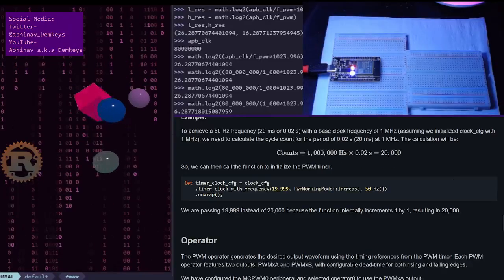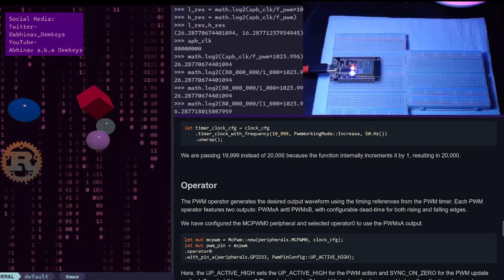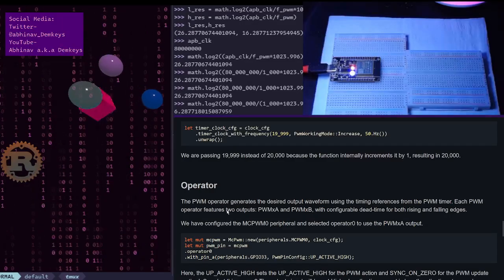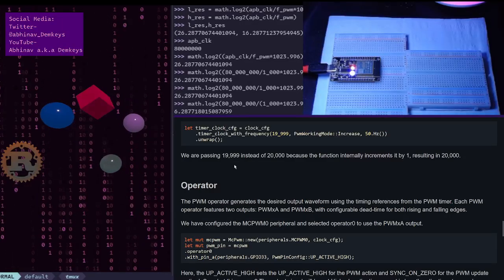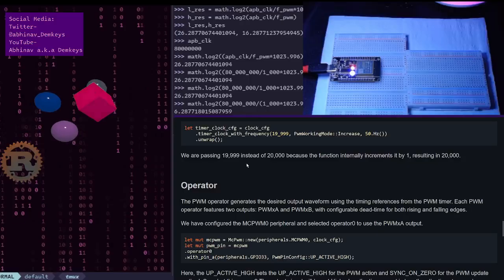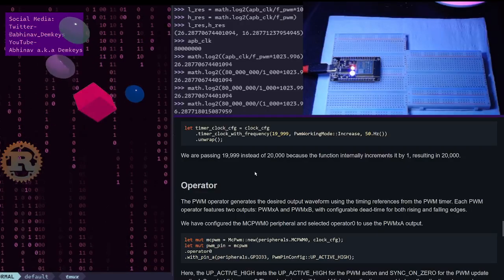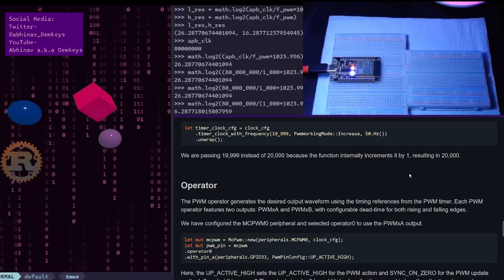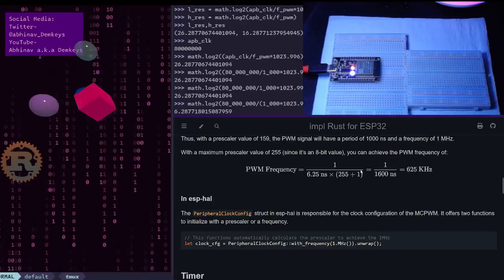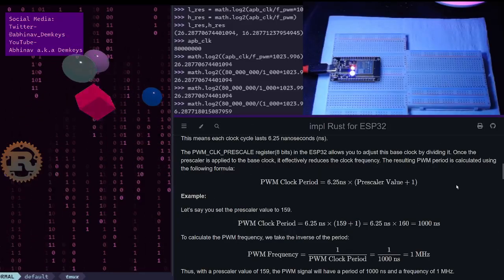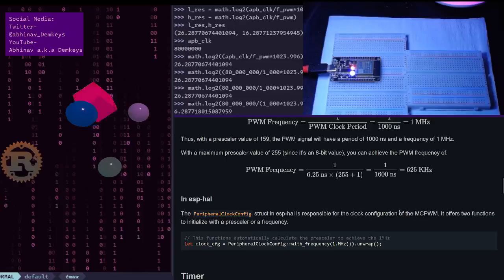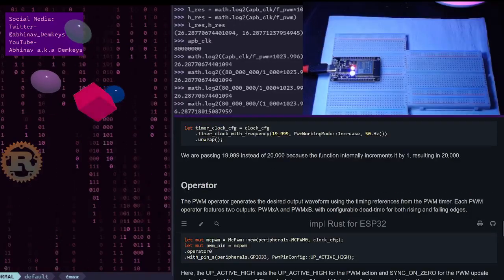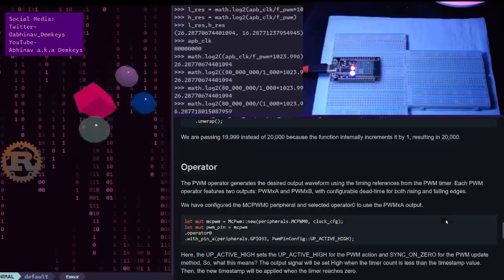Okay, all right. We are passing 99,999 instead of 20,000 because a function internally increments it by 1, resulting in so and so. I still haven't understood that one thing, the plus one thing that was mentioned up here. I believe that's a pre-scaling thing. Yeah, I still haven't understood what that's for. I guess I can ask Gemini.